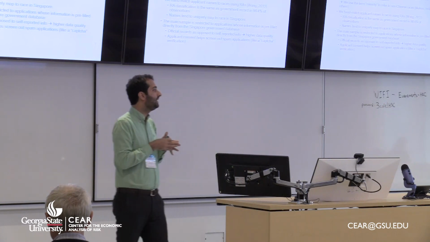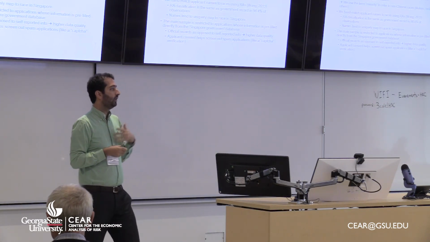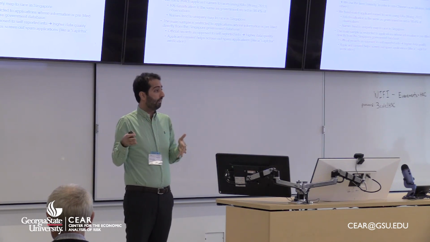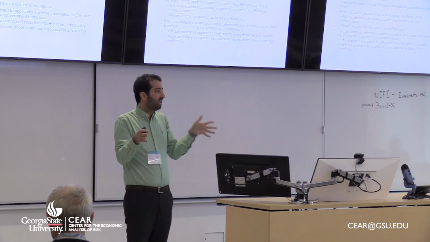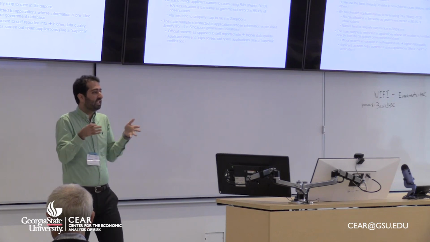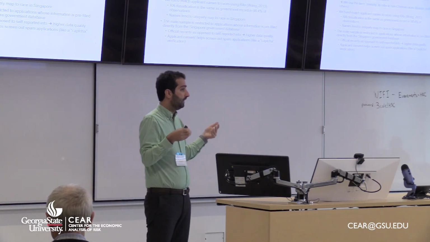Basically, names in Singapore tend to be racially identified, okay? So if you think about John, John could be a white applicant in the US, or it could be an African American. But we don't really know the fraction of each. In Singapore, this is not going to be the case. Names are going to be racially identified.